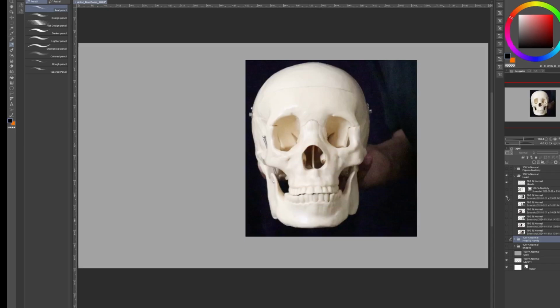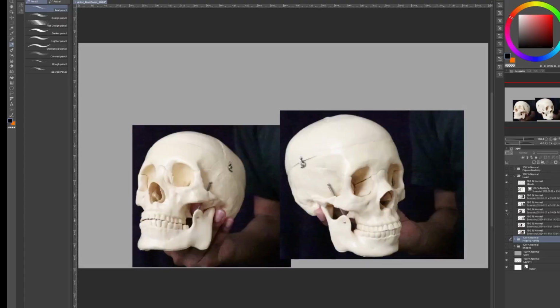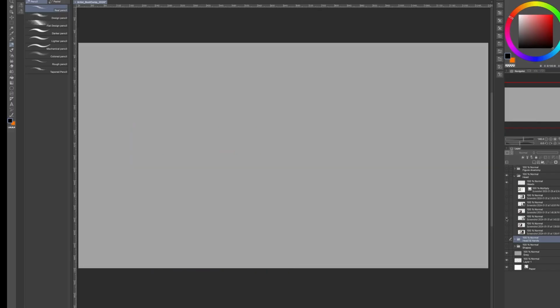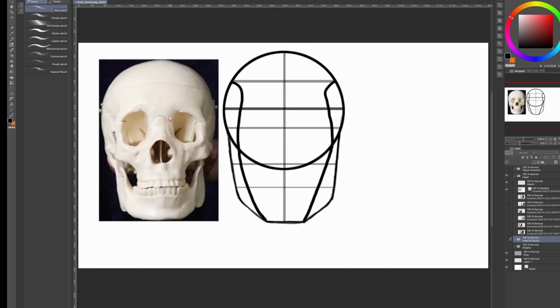Now, skulls are some of the most drawn objects because we are infinitely curious about humans and their form. And the most popular views are front, 3/4 turn left, 3/4 turn right, and profile views. Now first let's focus on the skull in the front facing view.